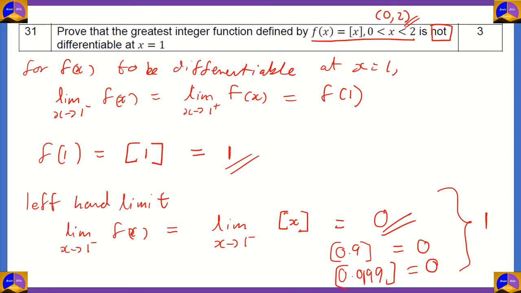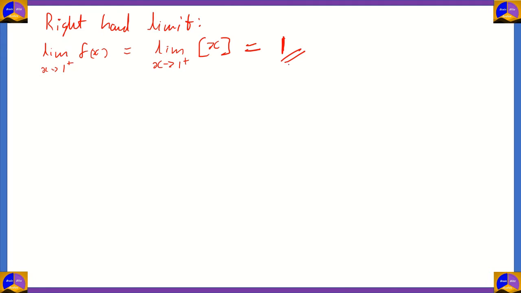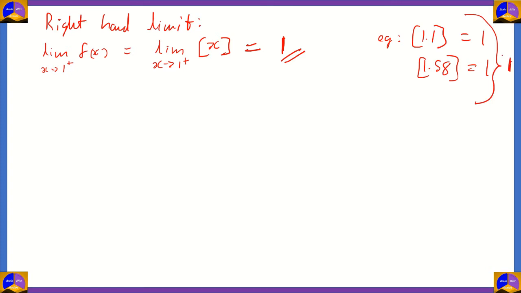So that means that whatever value of x is present which is greater than 1, it will be in between 1 and 2. It cannot be greater than 2 at all. So any value, for example 1.1, the greatest integer function will be equal to 1. 1.58, the greatest integer function is still equal to 1. 1.999999, the greatest integer function of that would still be 1. So therefore, the value of the right-hand limit is equal to 1. So you get another mark by writing all of these steps.